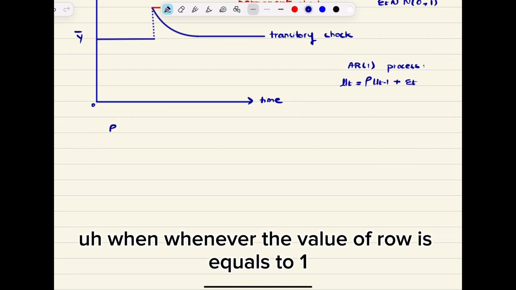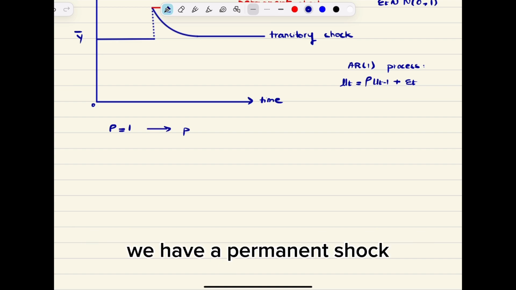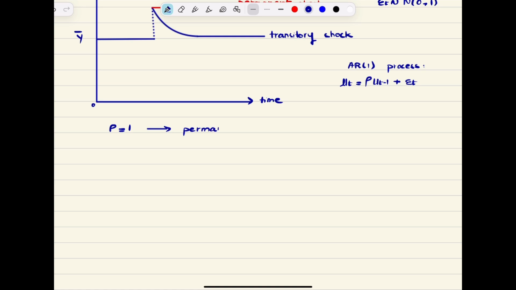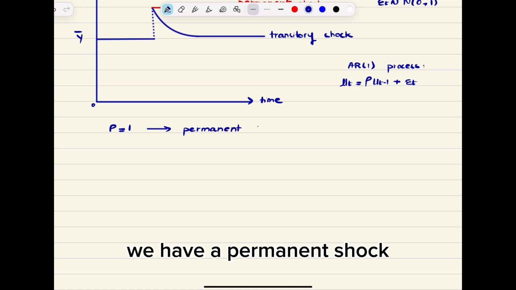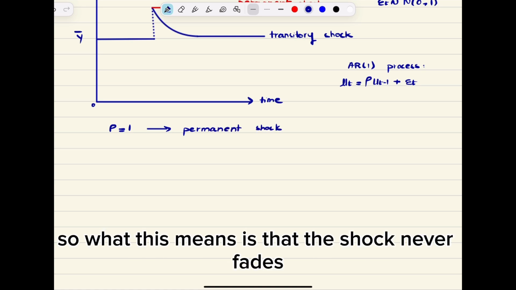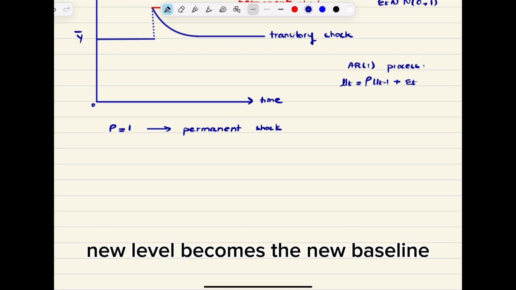Whenever the value of rho is equal to 1, we have a permanent shock. So what this means is that the shock never fades. The new level becomes the new baseline.